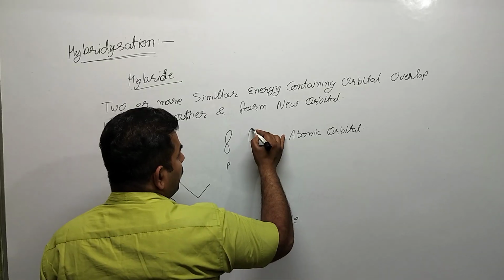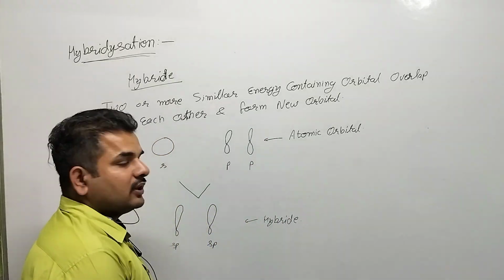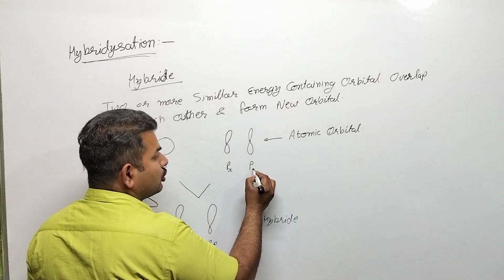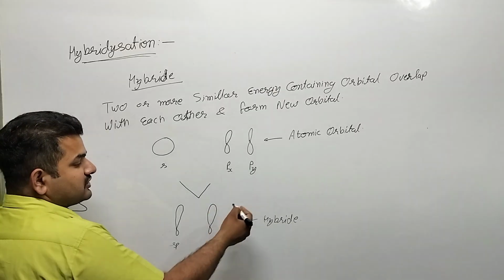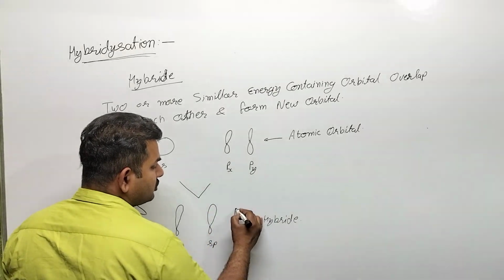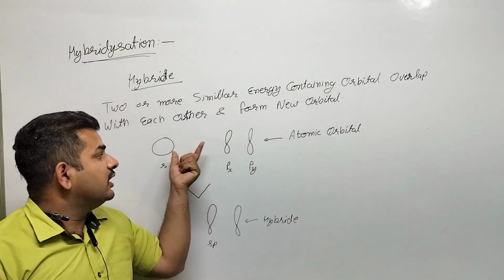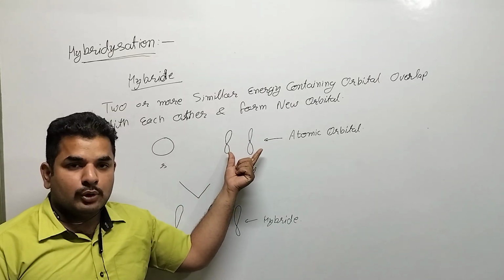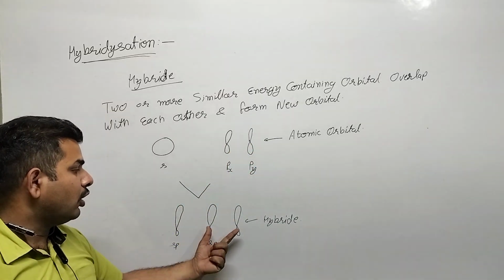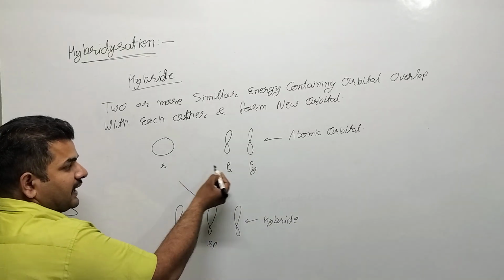And if we have one s and two p, like this is the px orbital and this is the py orbital, intermixed with each other, then they form three hybrid orbitals, because here we have three atomic orbitals, that is one s and two p orbitals. Then the hybrid orbitals are also three in number, and here we can see one s and two p.